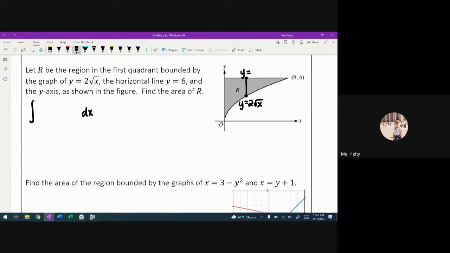Sometimes I'll draw this vertical line, especially when we do what we're doing next class. If you draw a vertical line there and slide your pencil back and forth, as long as you're in the region, as far left as you can go, as far right as you can go.